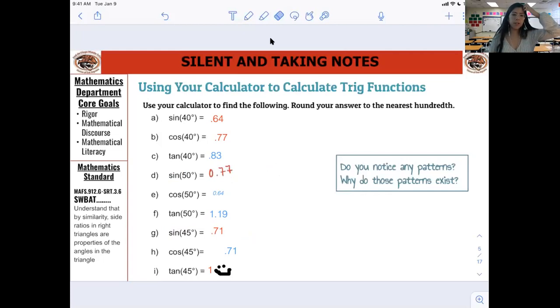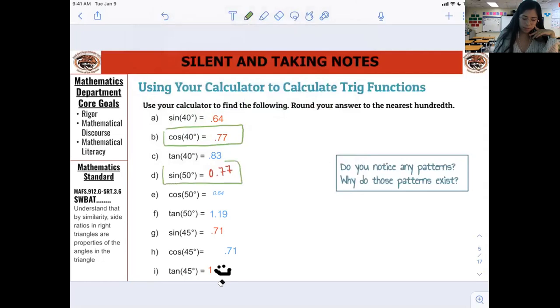Do we notice any similarities, any patterns? What do we notice? Certain numbers are the same, yeah. Let's look at which ones are similar or the same. Cosine of 40 is the same as the sine of 50.